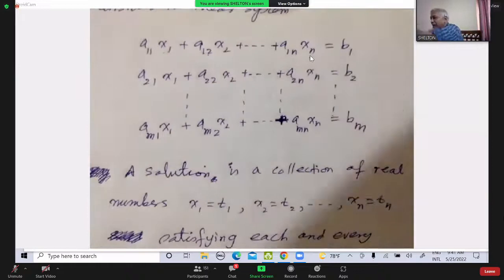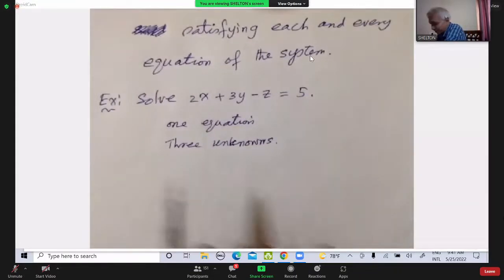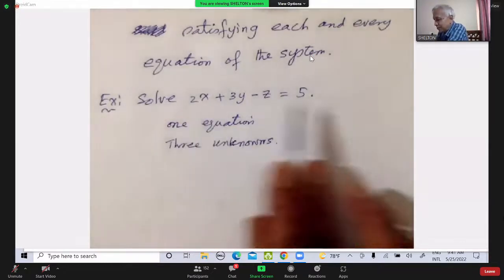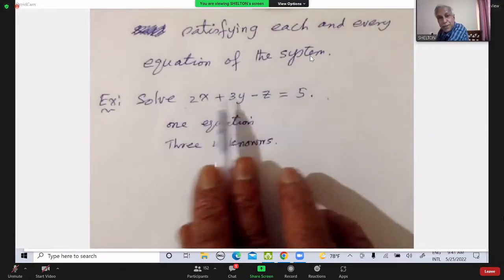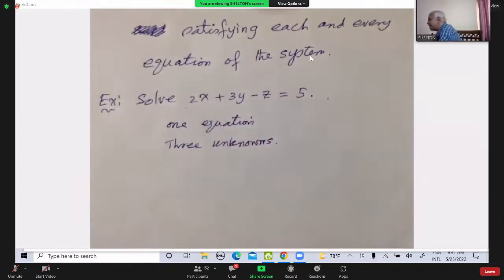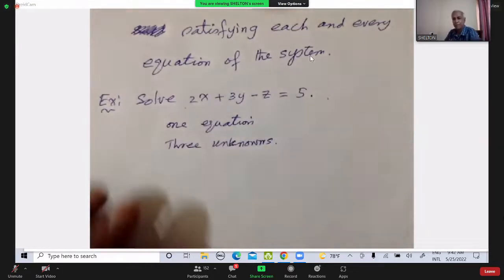This is a situation where there is more freedom. Only one constraint on three variables, so you can set two variables free. Can you tell me one answer?